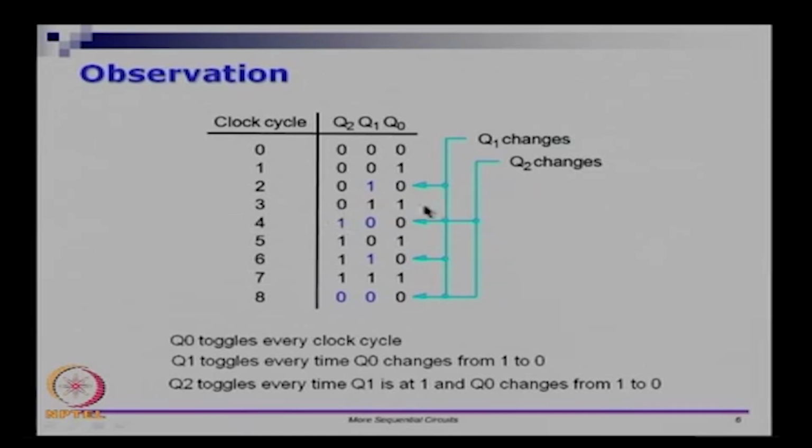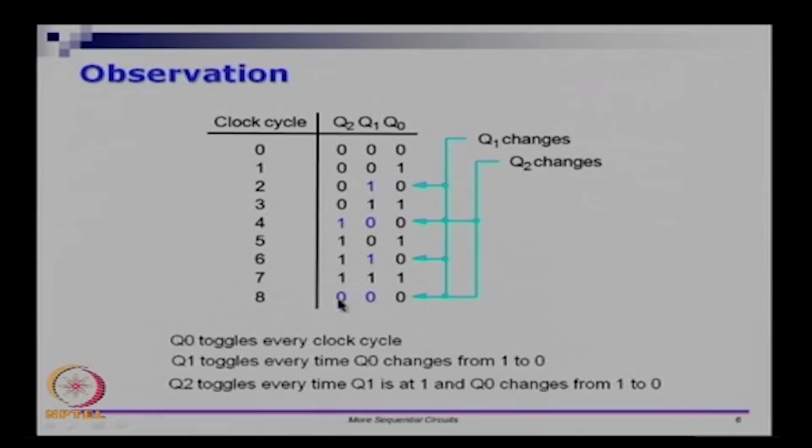What are the conditions that are making it toggle? You go and look at clock cycle 3. At the end of clock cycle 3, we have Q1 as 1, and in the subsequent clock cycle Q0 is going to go from 1 to 0. So, whenever Q0 goes from 1 to 0 and Q1 is 1, Q2 is toggling.